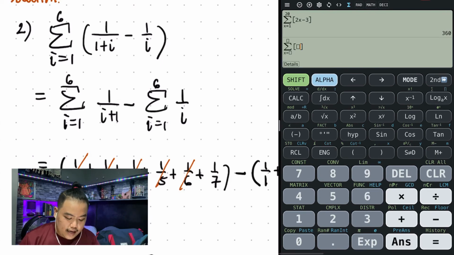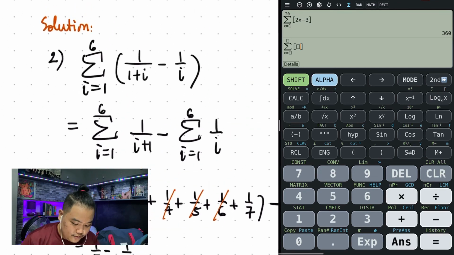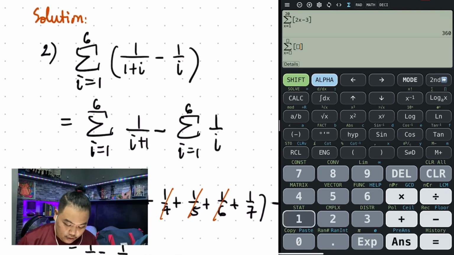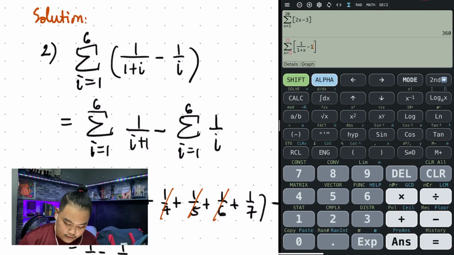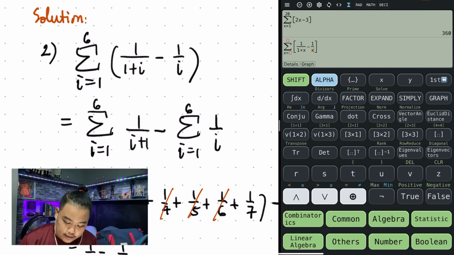So, instead of I, we use X for this example. So, 1 divided by 1 plus, where is X? Nasaan yung X mo? Minus 1 over X. Asan na naman yung X mo? Laging nawawala. Ano ba yan?